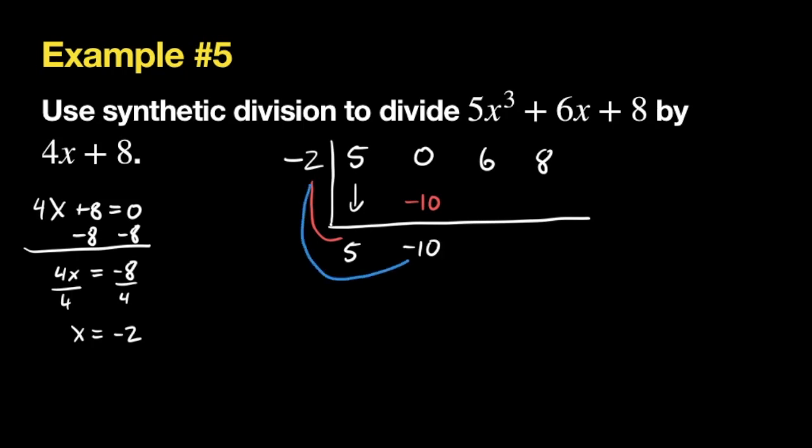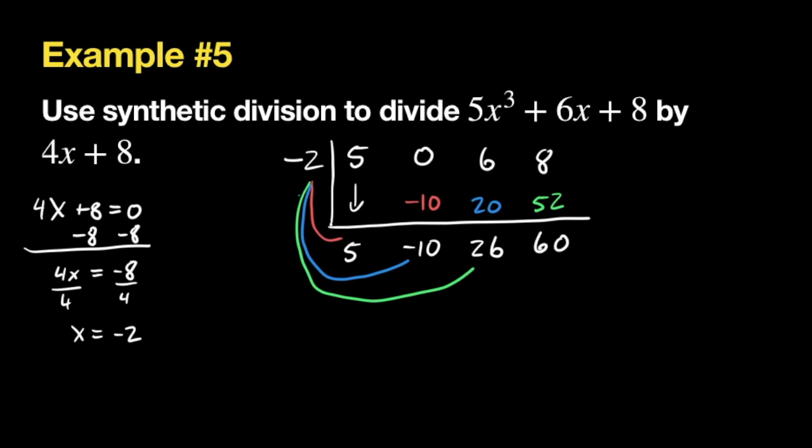Negative 2 times negative 10 gives us positive 20. So we have 26. And negative 2 times 26 is going to give us negative 52. So our answer is 60.